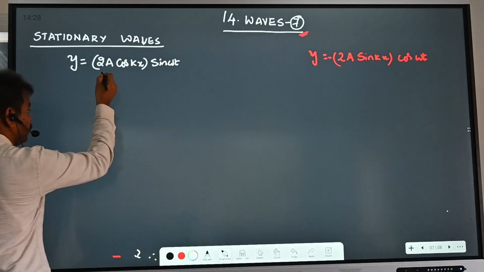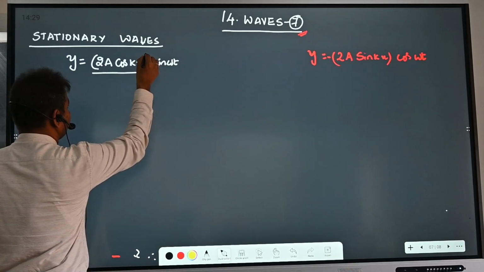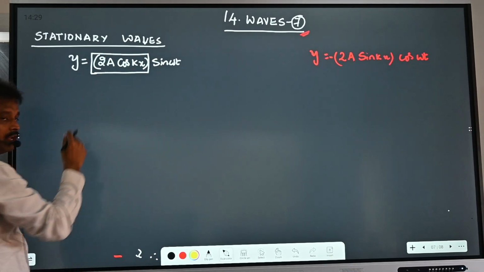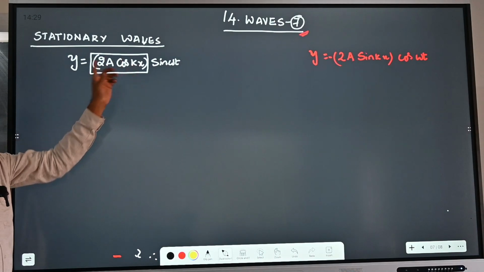If you observe this, students, the amplitude of this stationary wave depends on x.